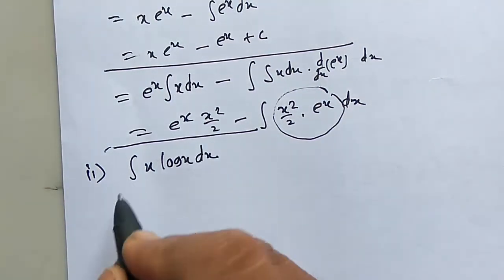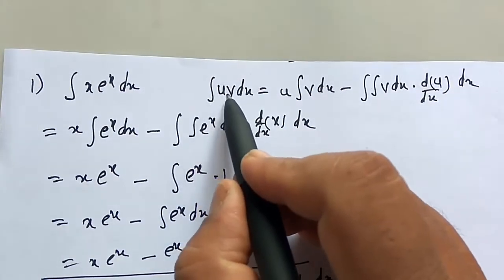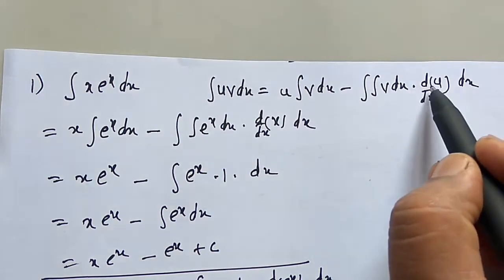Therefore, using integration by parts, integration of u into v dx is equal to u into integration of v dx minus integration of v dx into du by dx.